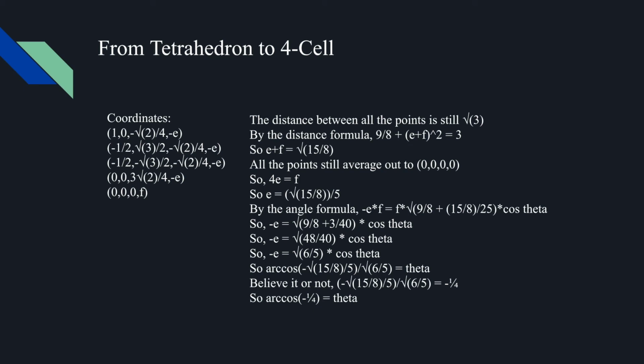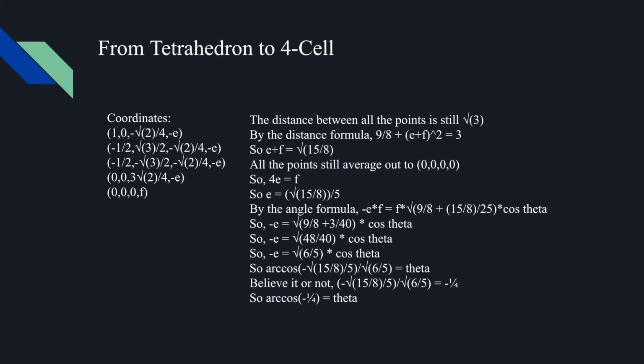And if we plug in for e first, doesn't really matter the order, and then divide through by root 6 over 5, and then move the cosine over, we get this third to last line, which is a little bit difficult to simplify, but it's not too bad. You just get that all equals negative 1/4. So arc cosine of negative 1/4 equals theta.